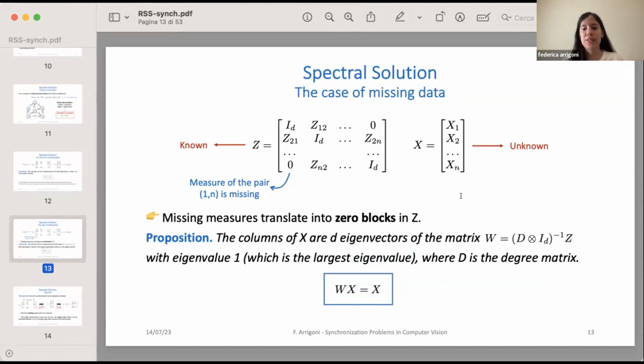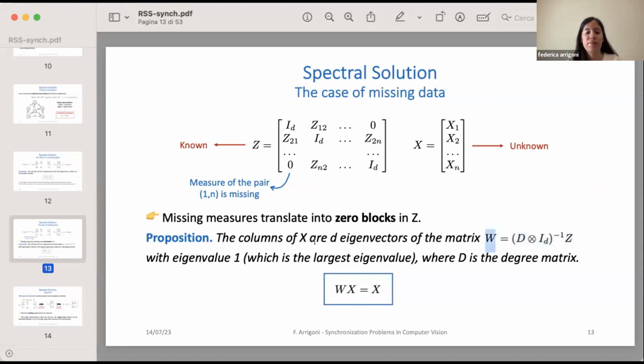However, we can still derive a spectral solution by slightly modifying our measurement matrix. In particular, we can consider this new matrix W, which is derived from Z by scaling it in a proper way. And the scaling matrix is derived from the Kronecker product between the identity and the degree matrix of our graph.